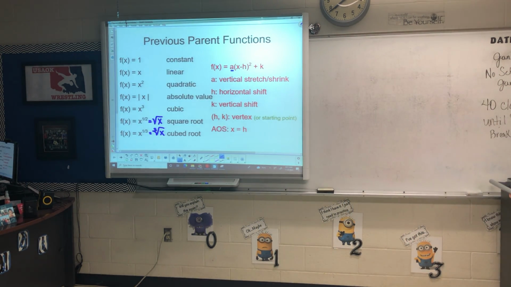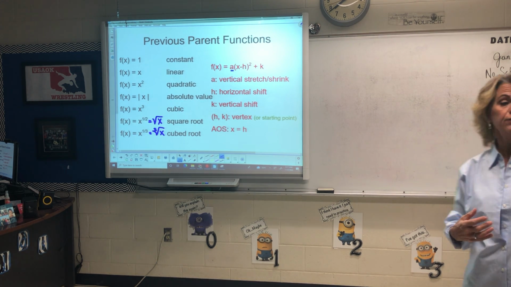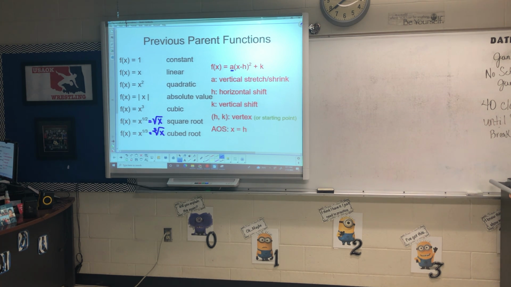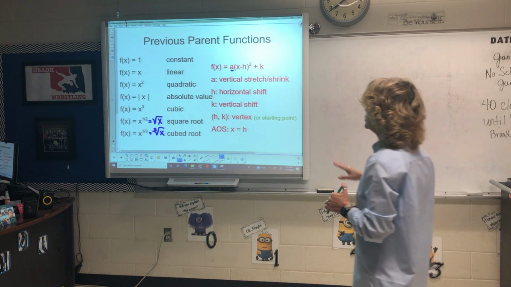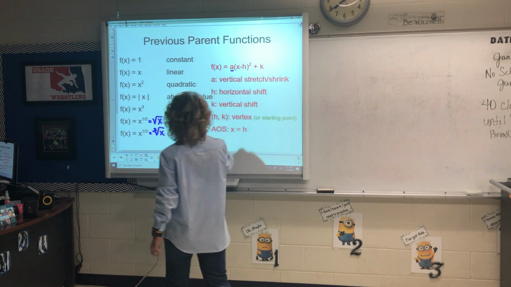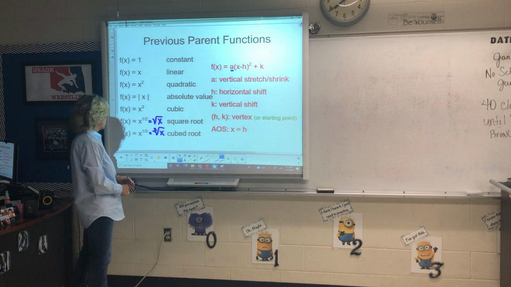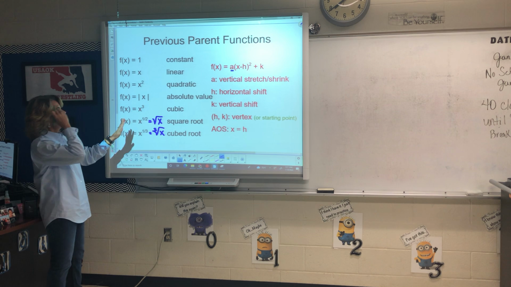When we start talking today about our square roots and our cubed roots, even our fourth roots and fifth roots, you have a starting point. You don't necessarily have a turning point, okay? And of course, not everything has an axis of symmetry, but with the quadratics, the axis of symmetry is x equals h.